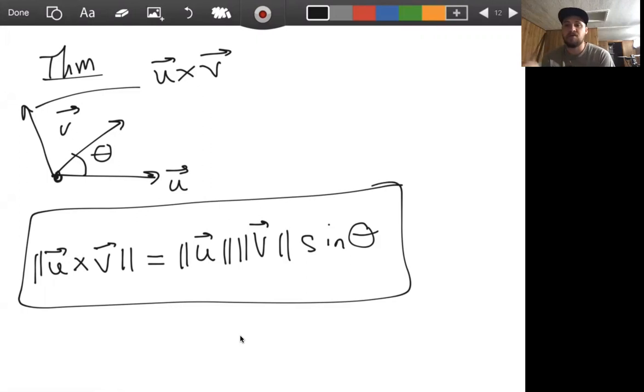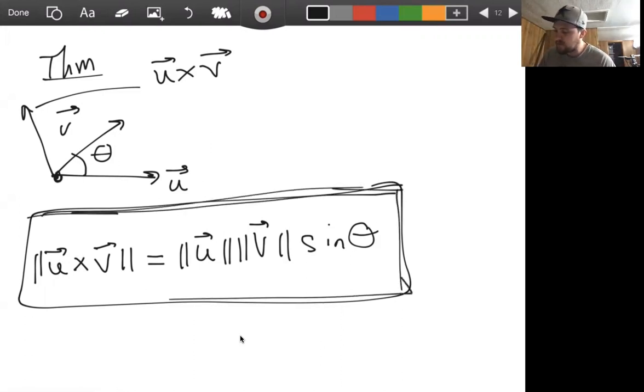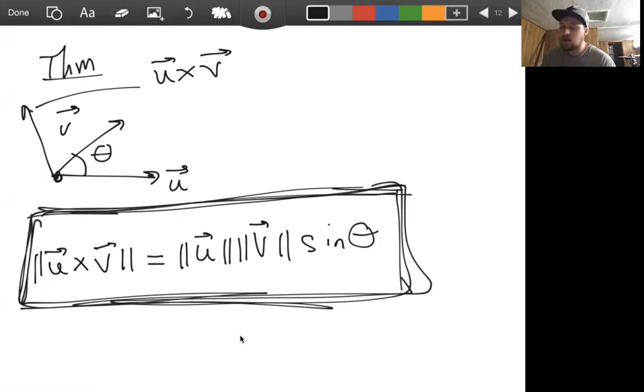So it has components, which means you can also compute the magnitude just by the standard: take the square root of the sum of the components squared. But this theorem will be pretty important as we use the cross product in the future, and especially in physics applications that we'll see in the next video.